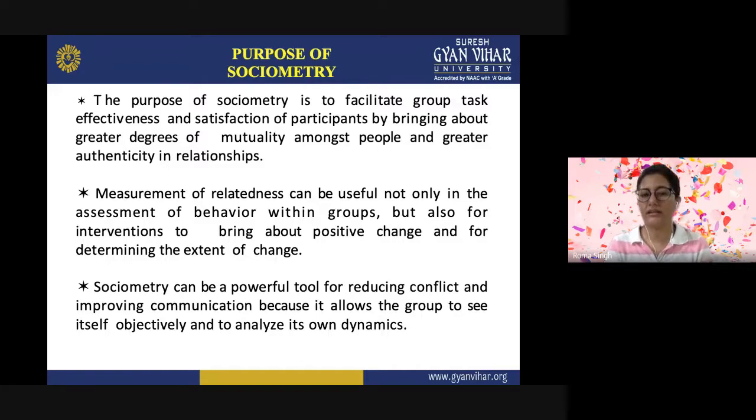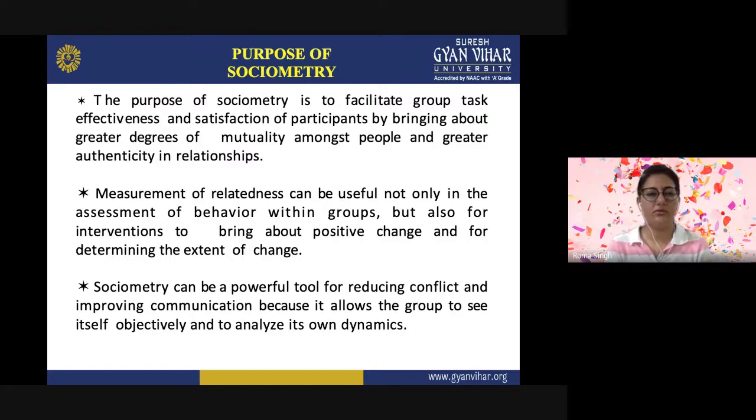Measurement of relatedness can be useful not only in the assessment of behavior within the groups, but also for interventions to bring about positive change and for determining the extent of change. So if any kind of positive change is required in the group, that can be done.